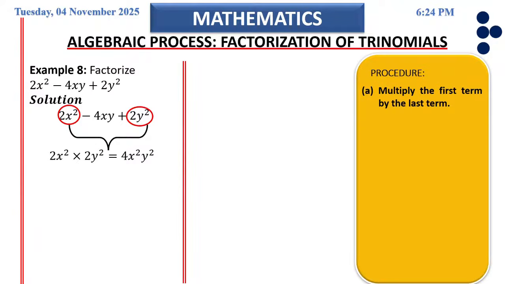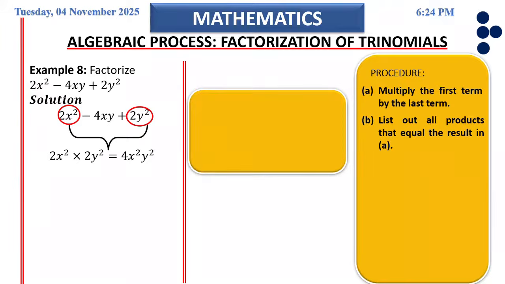If you multiply it by the last term, it will give you 4x squared y squared. As provided here, you then go back to your table to list out all products that equal the result in A.